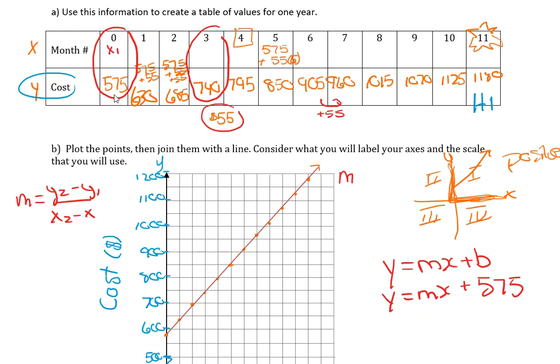This is my x1, this is my y1, this is x2, and this is y2. So subbing in, you get 740 minus 575 over x2 is 3, x1 is 0. So what is 740 minus 575? It's 165 over 3, and 165, surprise, surprise, is 55.